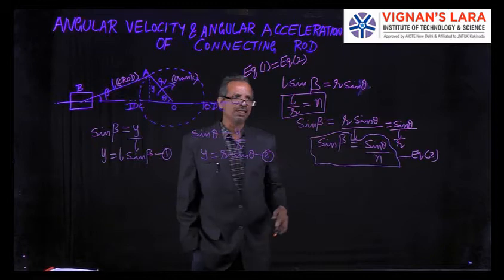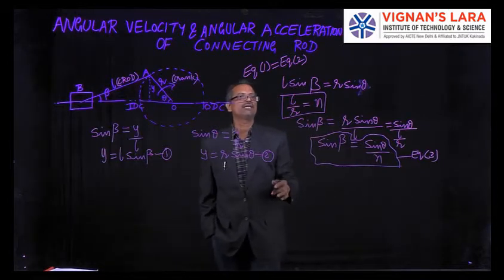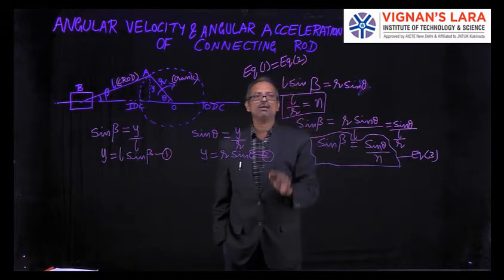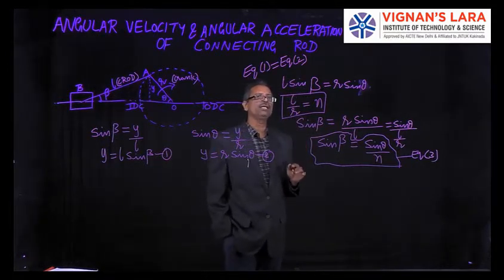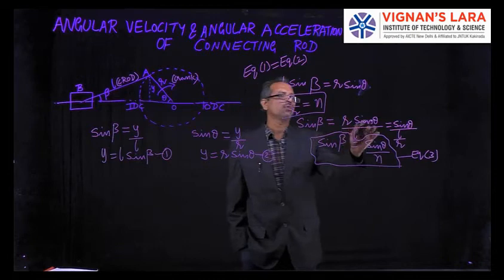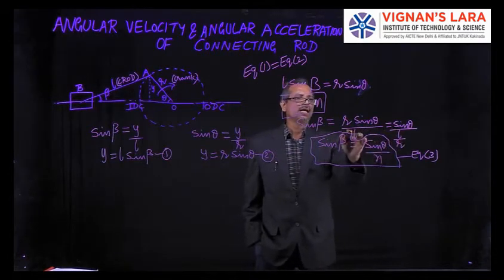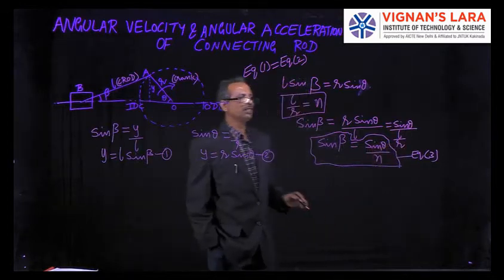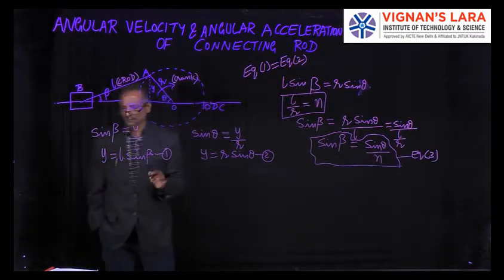Left hand sides are equal, then right hand sides are equated. L sin beta is equal to R sin theta. I know L by R is N, which I took at the very beginning. Then I write sin beta is equal to R sin theta by L. Then I can rewrite L by R, which is N. So sin beta is equal to sin theta by N.